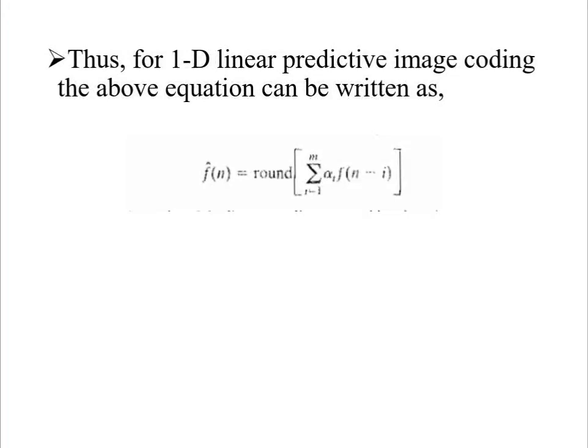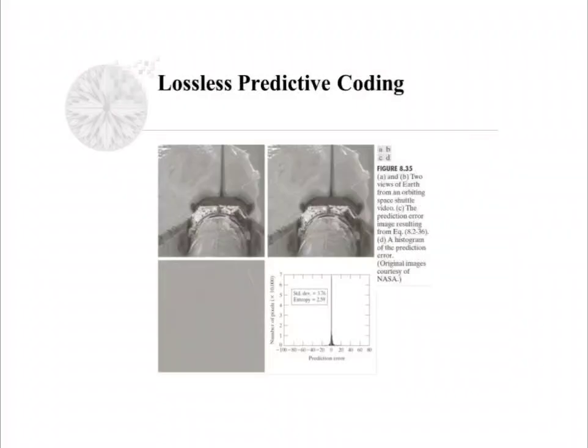Moreover, the entropy of the prediction error is significantly less than the estimated entropy of the original image. This decrease in entropy reflects the removal of a great deal of spatial redundancy, despite the fact that for k-bit images, k plus 1 bit numbers are needed to represent the prediction error sequence e of x, y accurately.